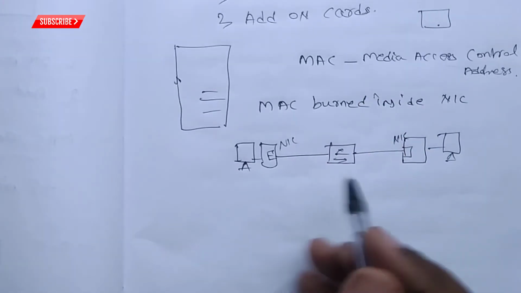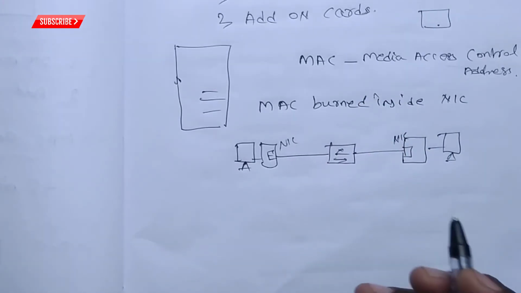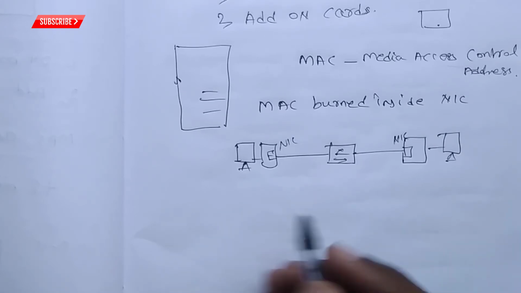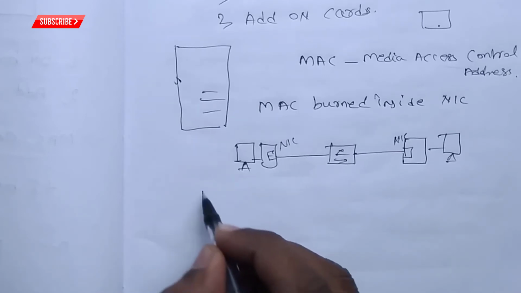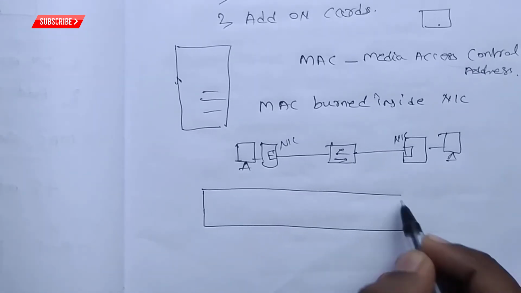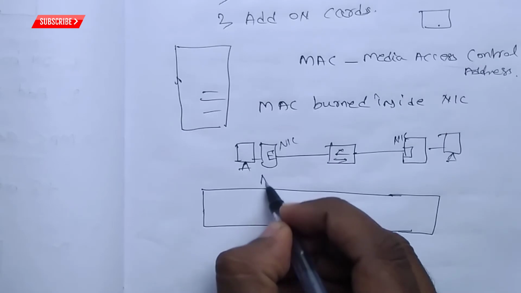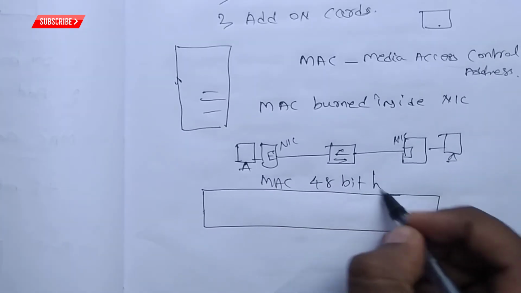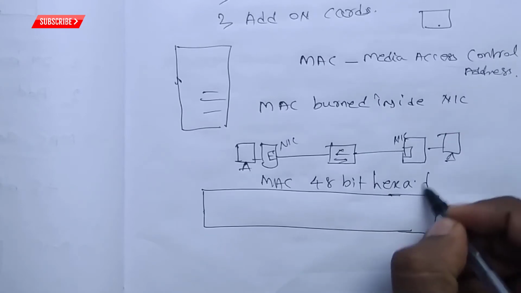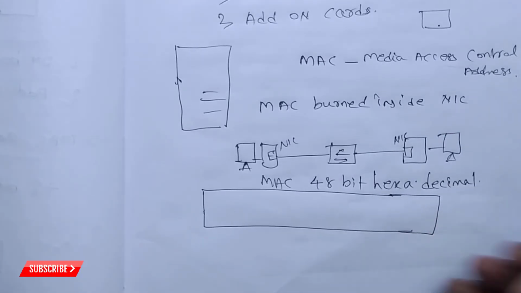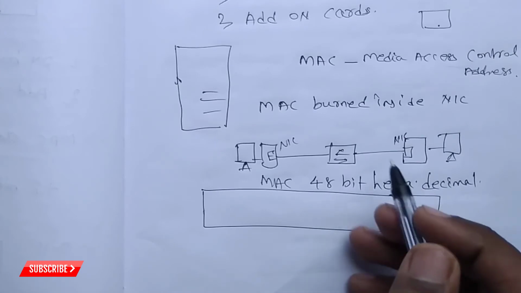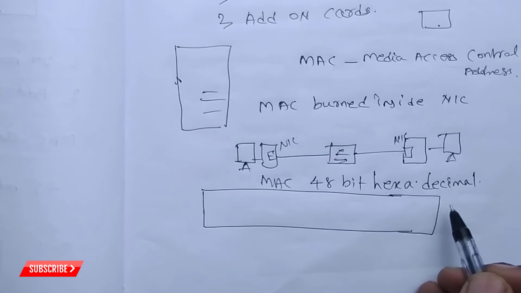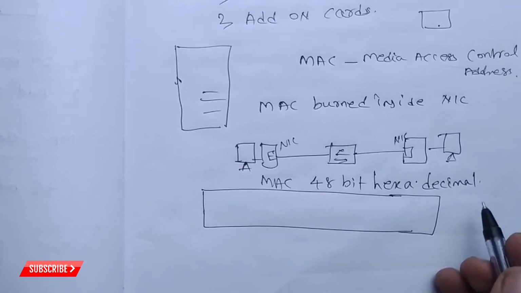Next, we can learn about the MAC address configuration, how this MAC address is arranged. The MAC address is arranged inside the NIC in the form of a 48-bit hexadecimal address.